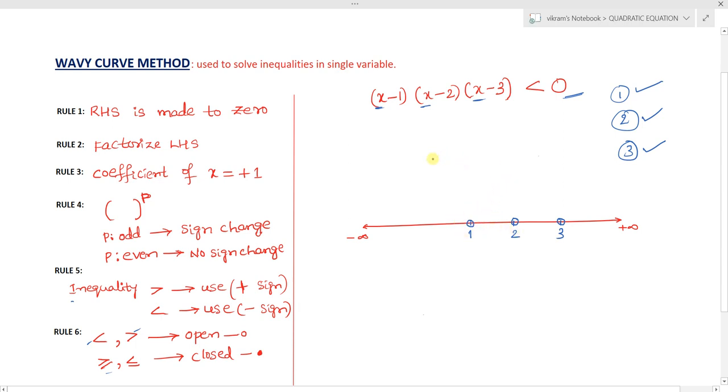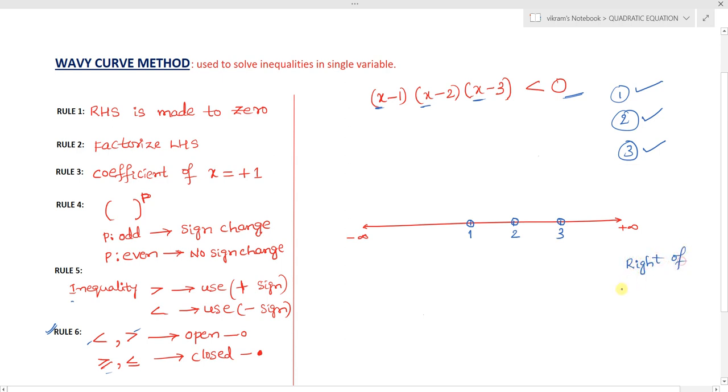Now what is next after this? Rule 6 is over, we go further. Next we need to check the powers of the factors. Before that, to the right of the rightmost root, always remember this point.